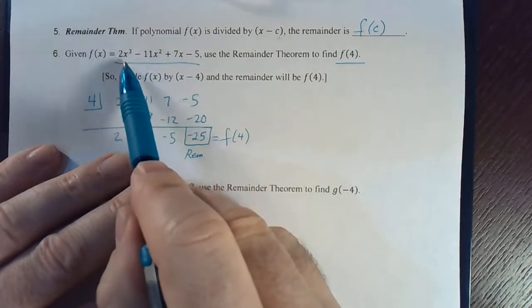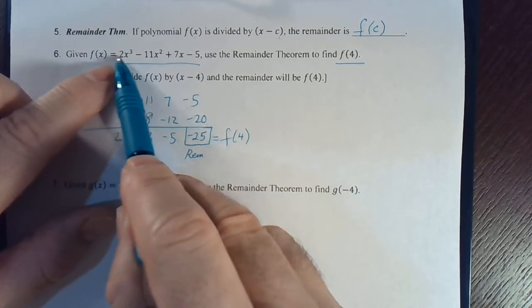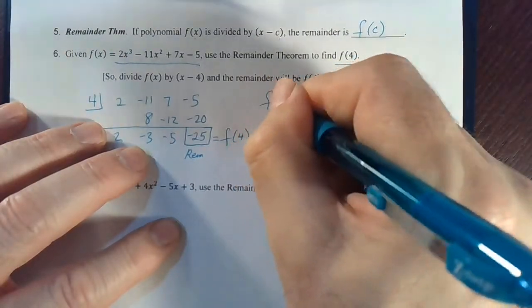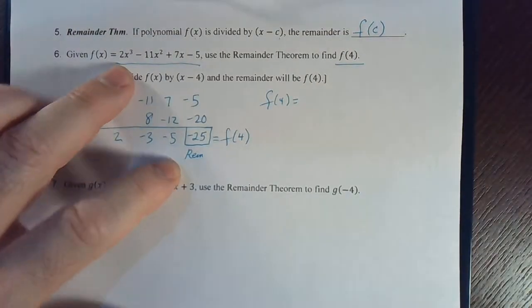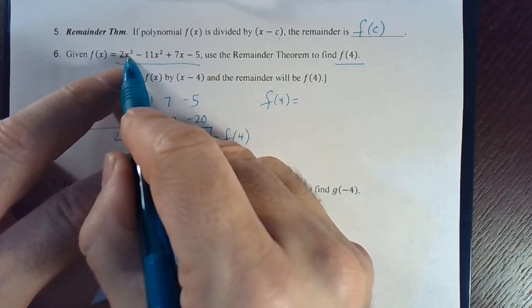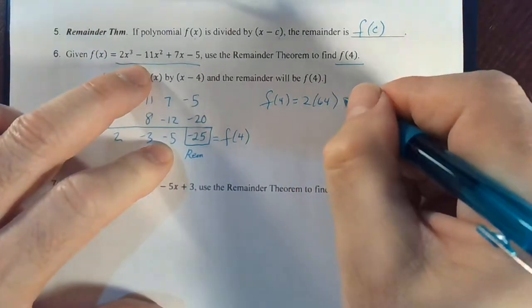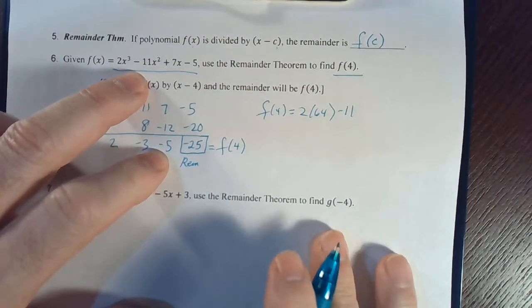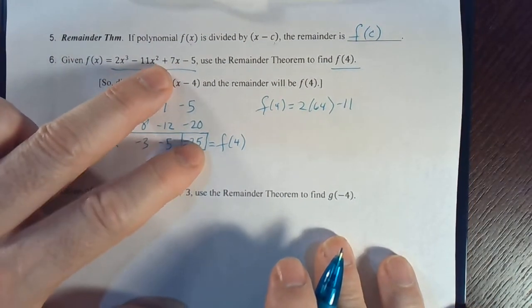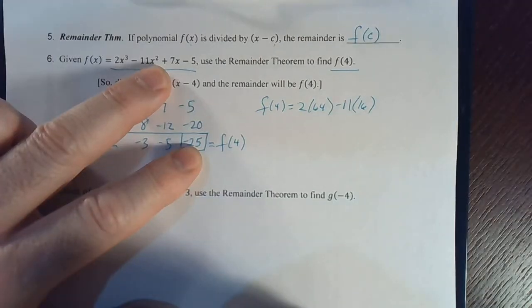I will let you plug in, maybe I'll go ahead and do it. What we're doing is we're going to find f of 4 by plugging it in this time. 4 cubed is 4 times 4 times 4, 16, 64. So 2 times 64 minus 11 times 4 squared. 4 squared is 16.